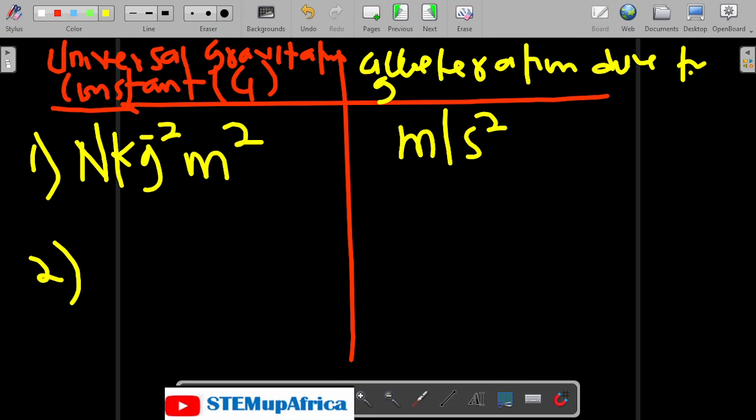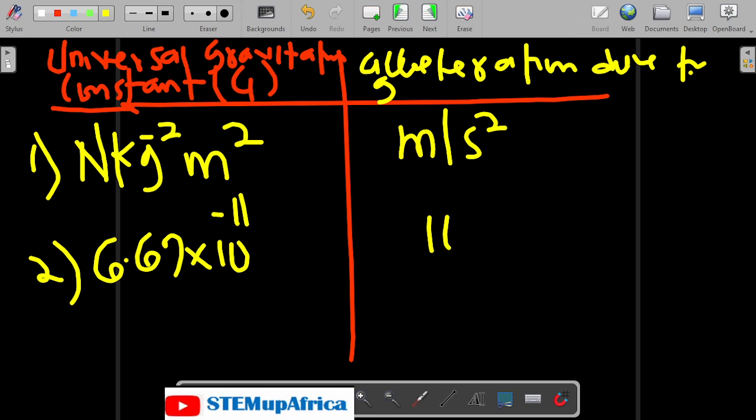I can also use their values to differentiate it. The gravitational constant has a value of 6.67 times 10 to the minus 11, while this one has 9.8. You can also use that to differentiate both of them. If you have other differences, you can also indicate them.